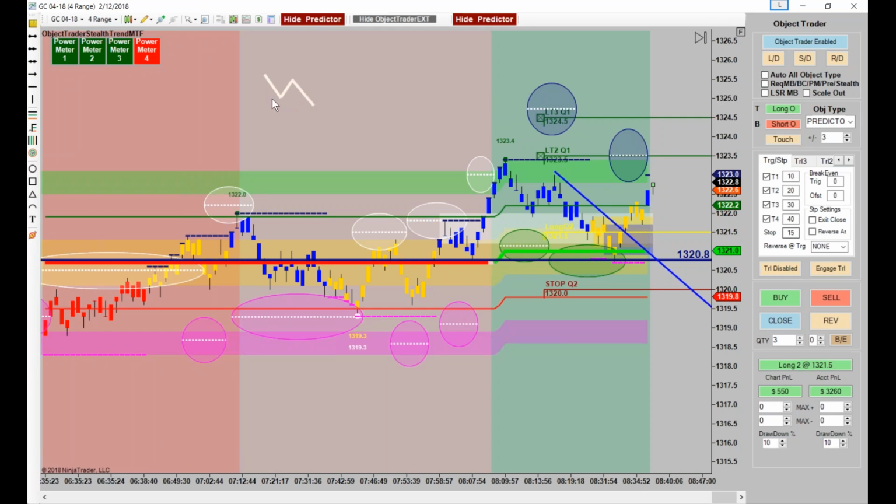Even on the smaller side, this is what they do. They're constantly doing this. They won't take out the high, and then they'll come down again. And then you look and see support and you go, oh, that's where it should bounce. But you don't really know it's going to even bounce there until, let's say that it does something like this.